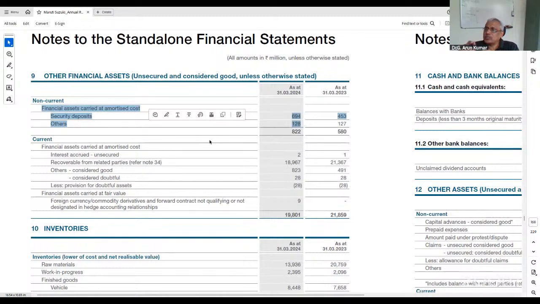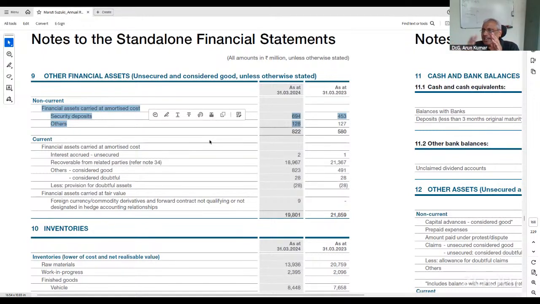The other two thirds, which I have not charged as an expenditure, please keep the cash flow aside, is what you call unamortized expenditure. It is an expenditure which I have not charged because I have not derived the benefit yet. It's an unamortized expenditure sitting right there in my balance sheet.